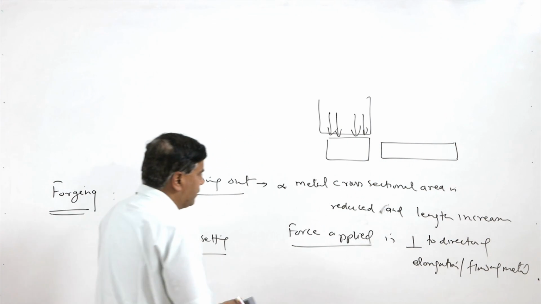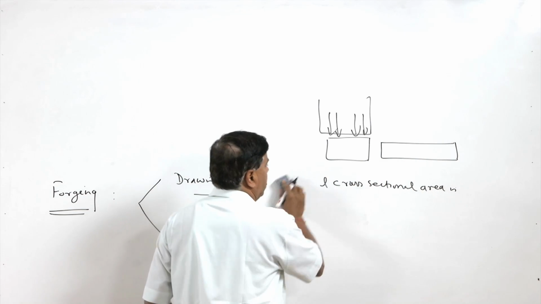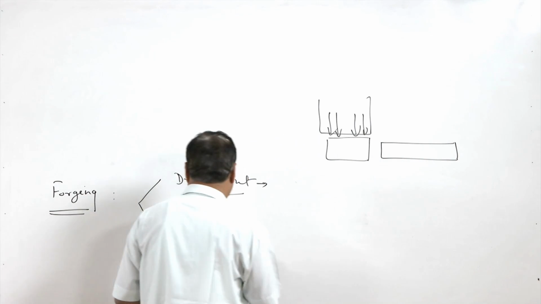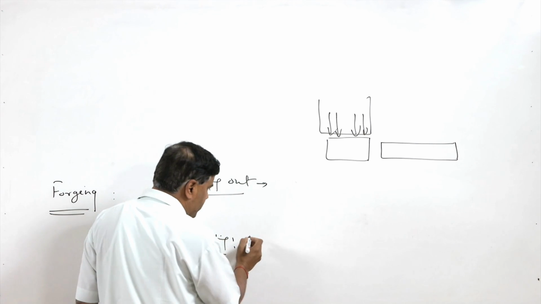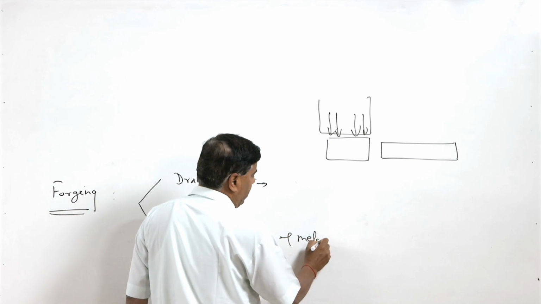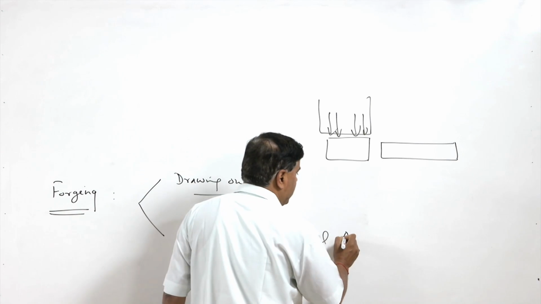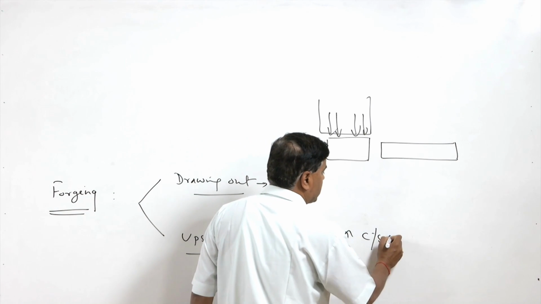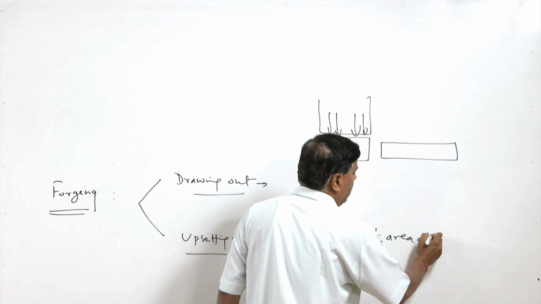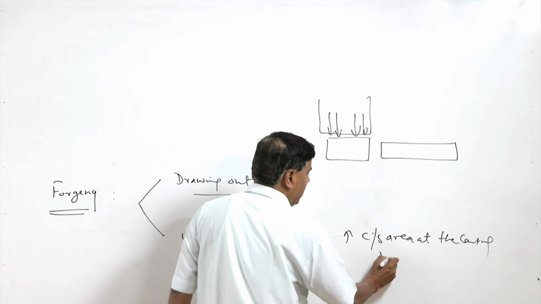While in case of upsetting, just the reverse happens. The flow of the metal or the plastic deformation increases the cross sectional area at the cost of length.